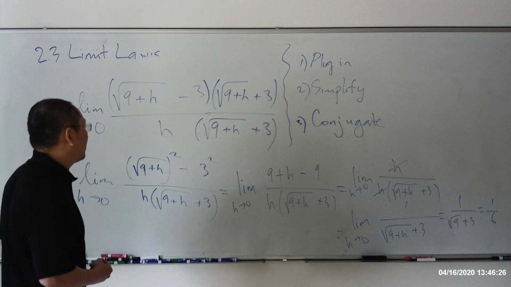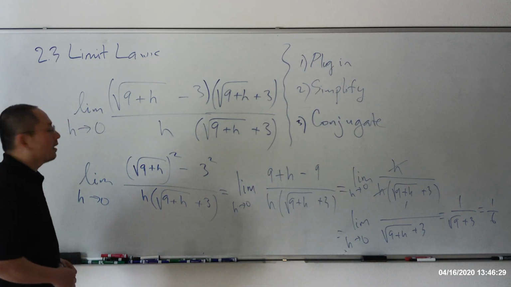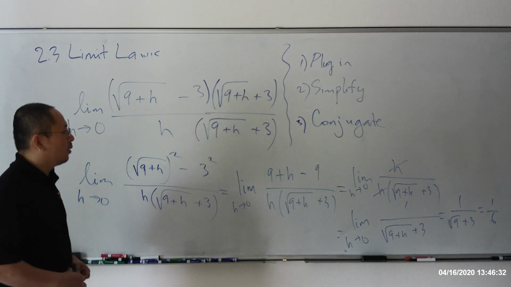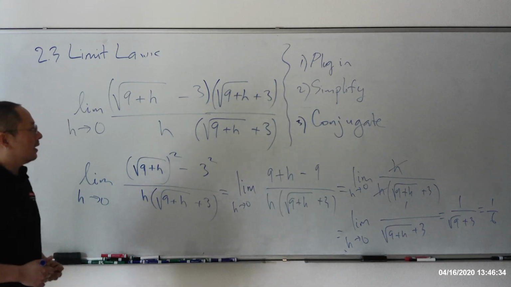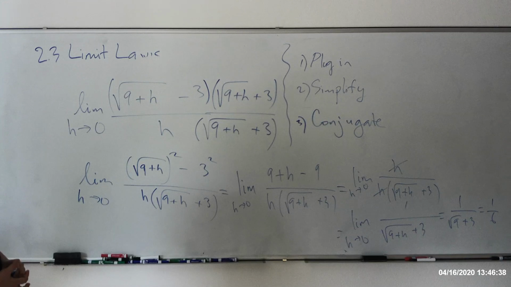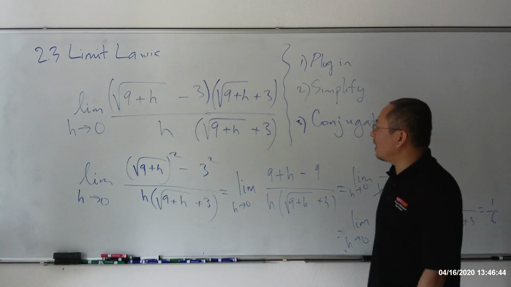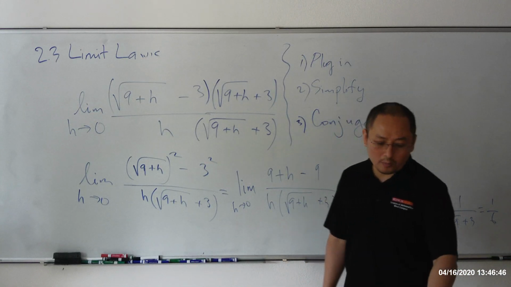Of course, later on we're going to learn more techniques to calculate the limit of a function, such as L'Hopital's rule. But for now, the 3 items I'm bringing to this section will be helpful for you to practice the exercises. So let me wrap up this section by giving you one more example.